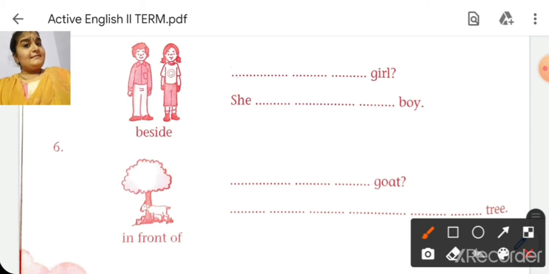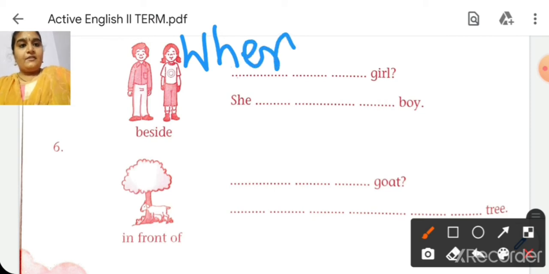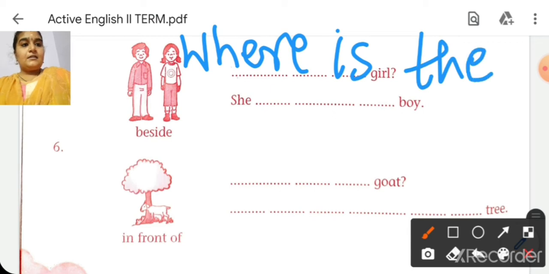Where is the girl? So in before they asked where is the boy. Here we are asking where is the girl. Right? Where is the girl? Write it in the blanks. Okay?